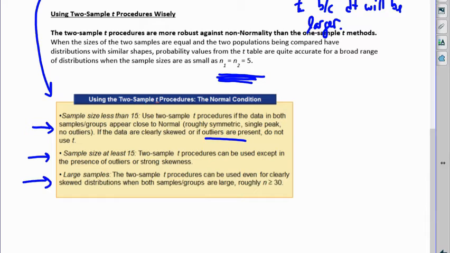And if we have a large sample, then a 2-sample t procedure can be used, even if we have very clear skew. Again, in the case of outliers, generally you would run the test twice, once with the outlier, once without, and see how the results compare. So when n is less than 15, when we are between 15 and 30, and then of course we meet CLT when we are greater than or equal to 30.